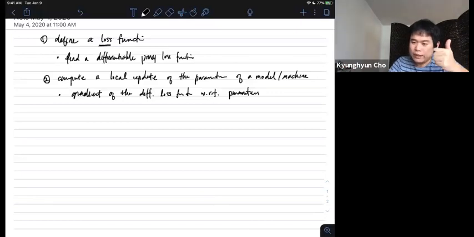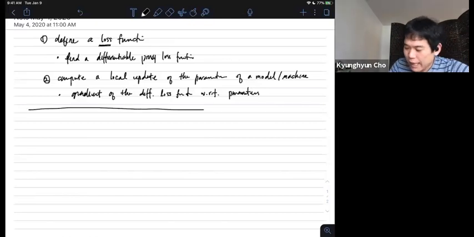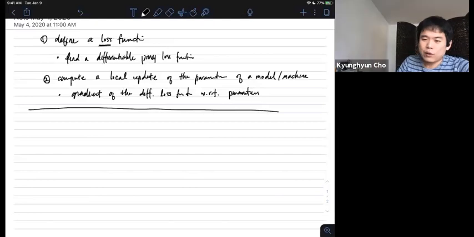First, define a differentiable loss function, and second, compute a local update, that is the gradient of this differentiable loss function with respect to the parameters, and then iteratively update the parameters of the machine so that eventually we end up with a machine that generalizes well to unseen examples. All fine. But today we are going to look at a slightly different setup. That is, what if our loss function is not differentiable?